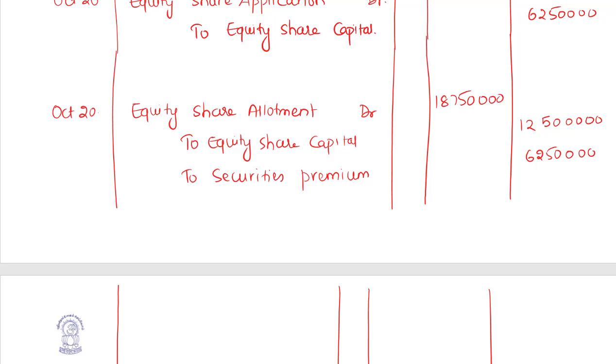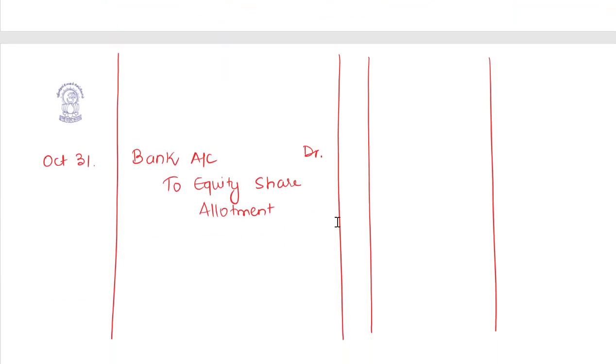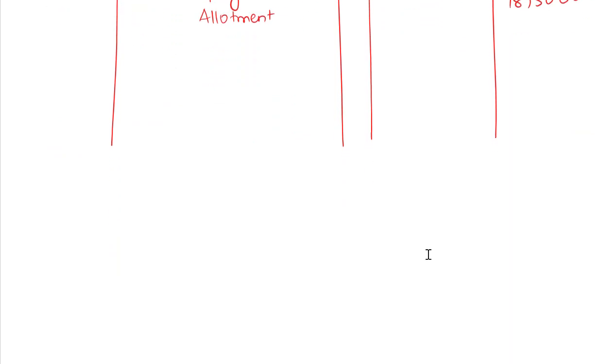In the previous entry, write the amount 18750,000. I believe you understood till here. Let us move ahead.